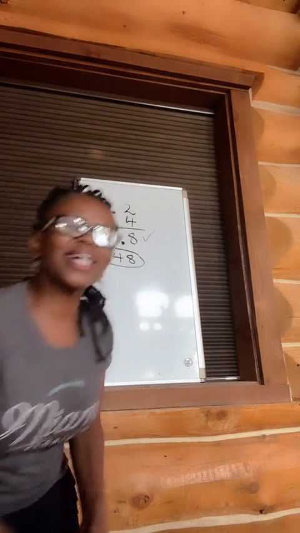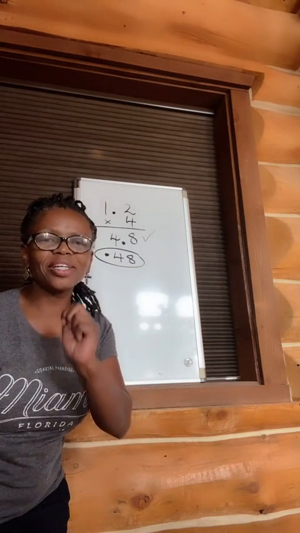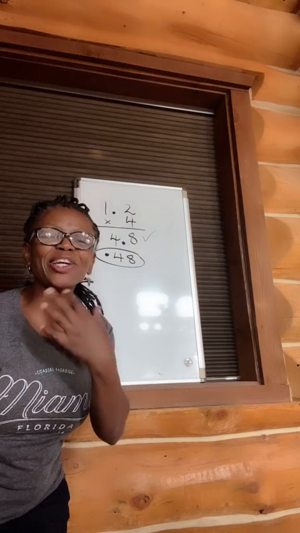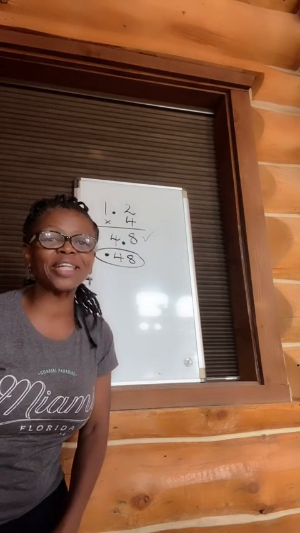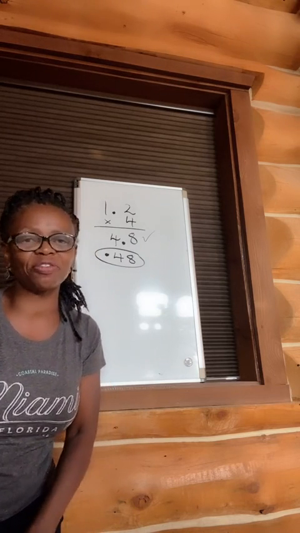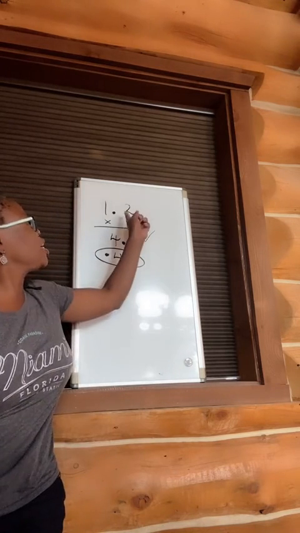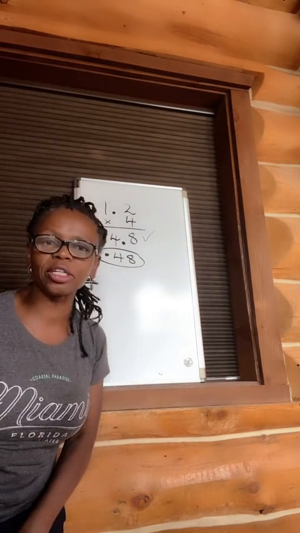Okay, we look at the 2 numbers we are multiplying. Look at how many numbers there are after a decimal point. How many numbers do you see after the decimal point? There is only 1 number after the decimal point.